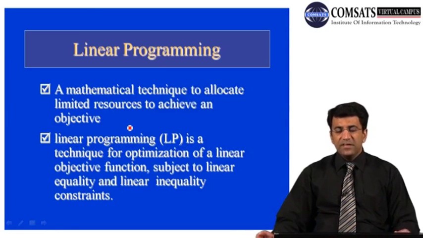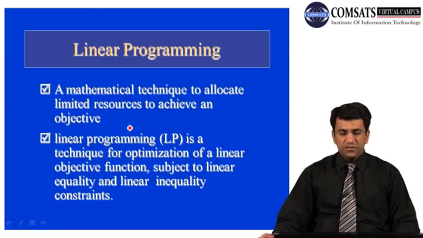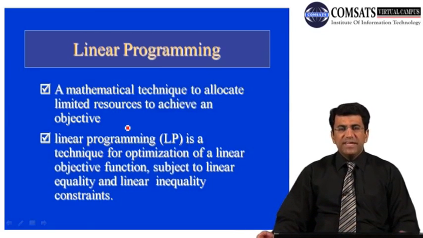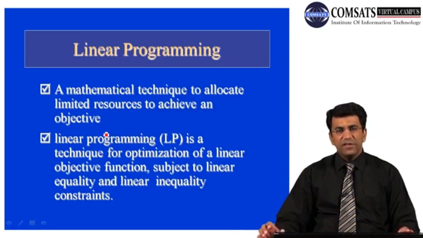So linear programming is a technique for optimization of a linear objective function. What is a linear objective function? A linear equation is an equation in which the power of a variable is 1. You must have learned about linear equations in statistics or some mathematics subject: if the power of the variables involved in an equation is 1, that is a linear equation.